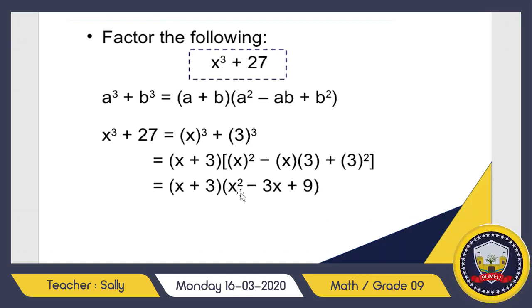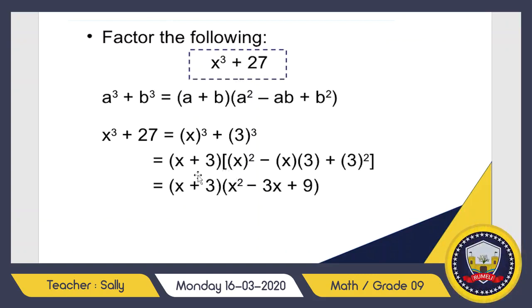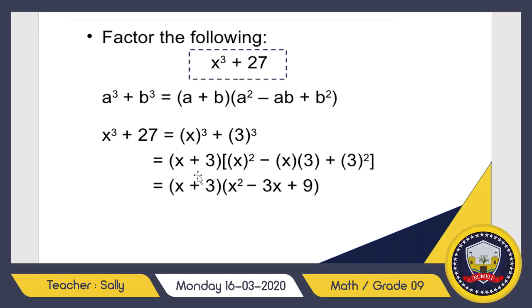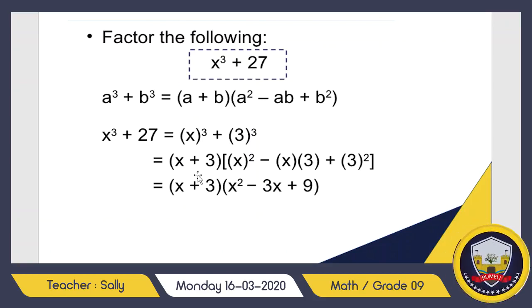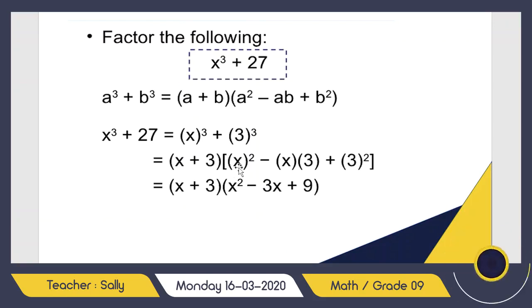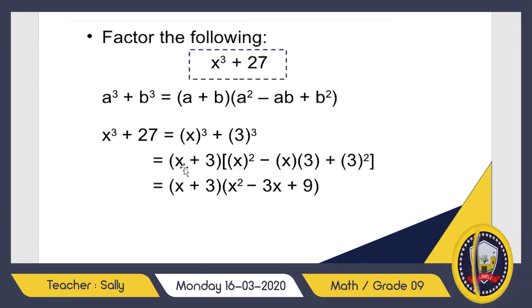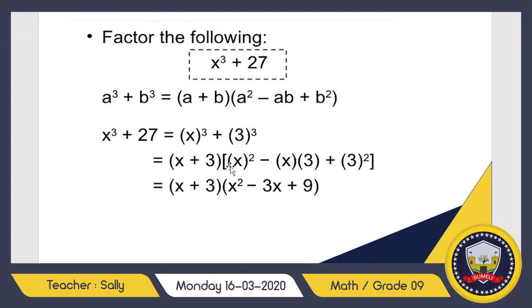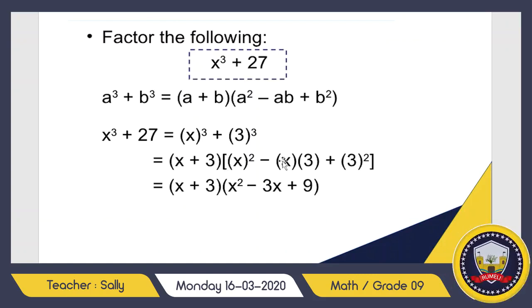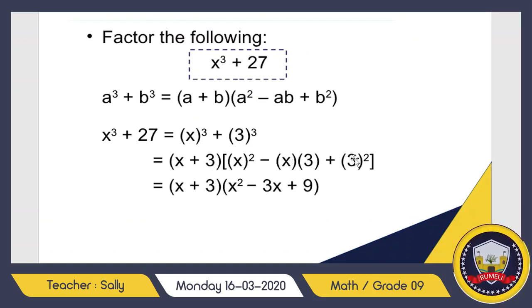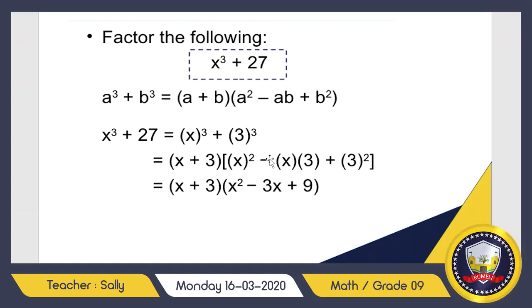What about the second bracket? The second bracket is going to contain 3 terms. The first term of the second bracket is going to be the square of the first term of the first bracket. What is the square of x? It's x to the power of 2. Let's leave the second term for a while and go for the last term of the second bracket.